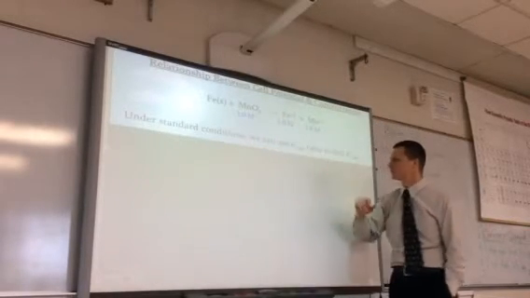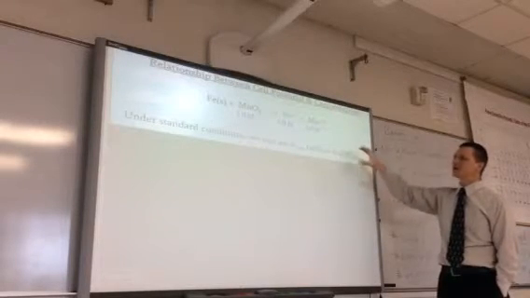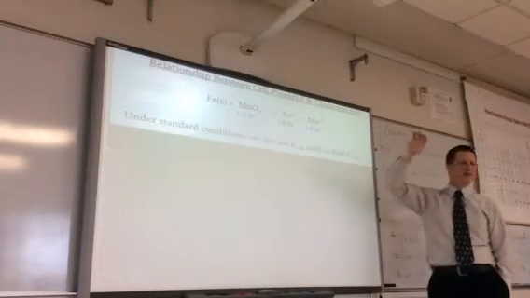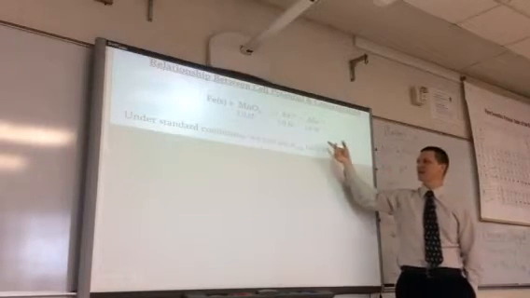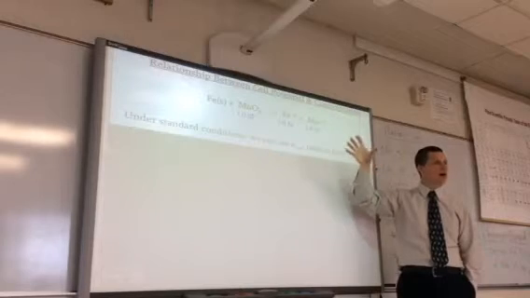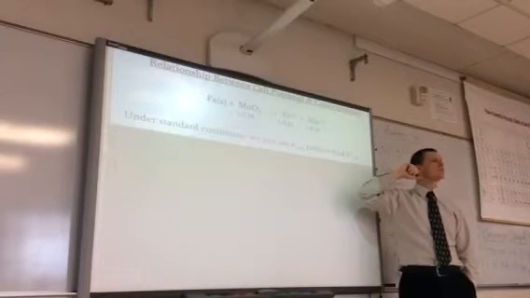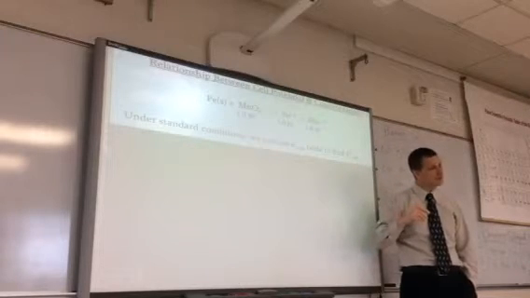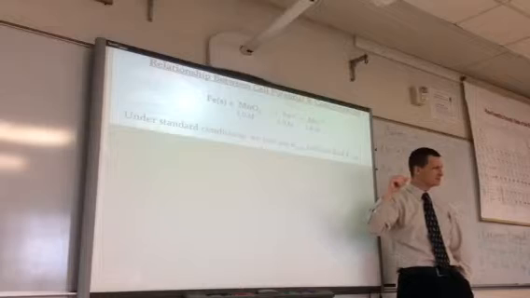But for all the aqueous things, we do. So we could use the table to figure out what the standard cell potential for that reaction is. If we did, we would find that the cell potential is positive. Positive cell potential means what about the reaction? That it's spontaneous. That's right, a spontaneous reaction. So that means it's going to go to the right spontaneously.